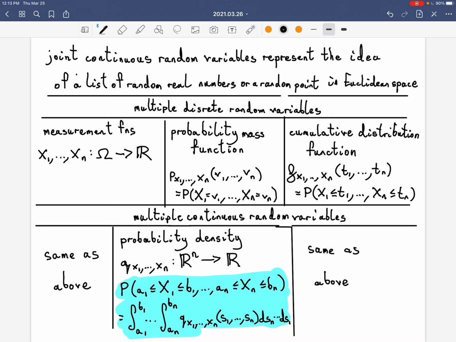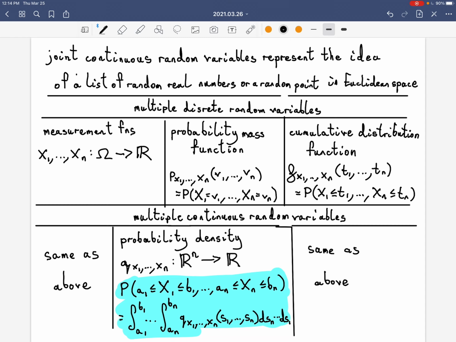So, joint continuous random variables represent the idea of a list of random real numbers or a random point in Euclidean space. The correspondence between lists of real numbers and points in space is fundamental to every aspect of math.